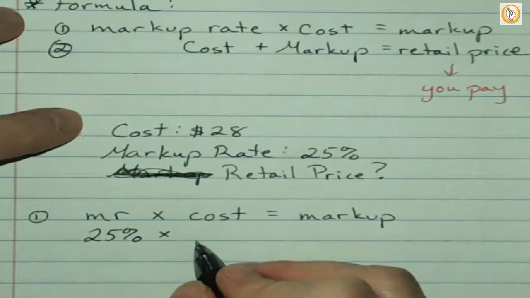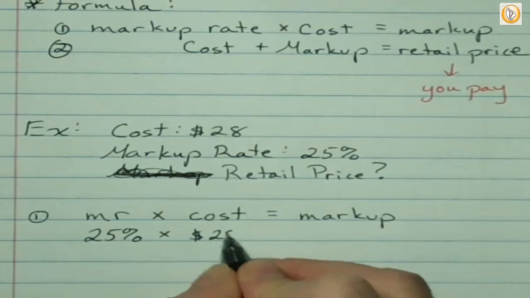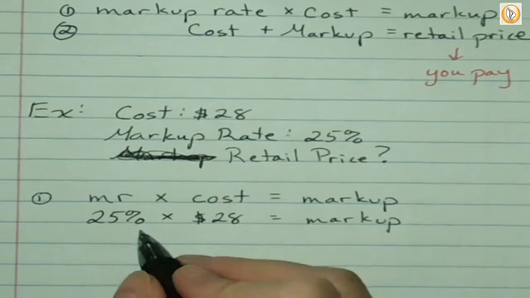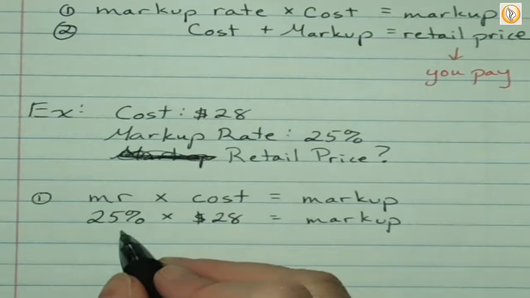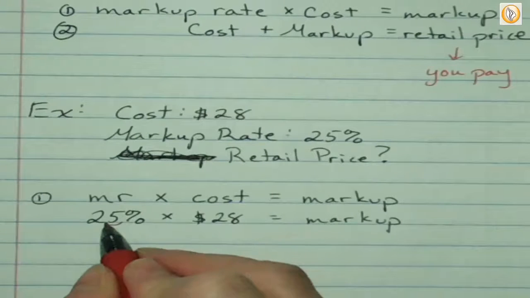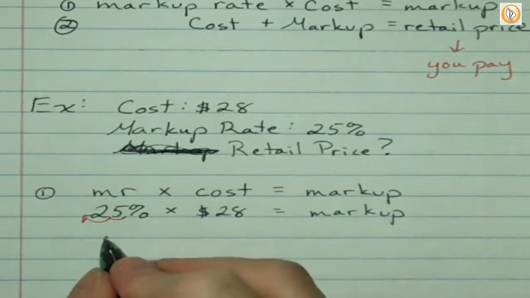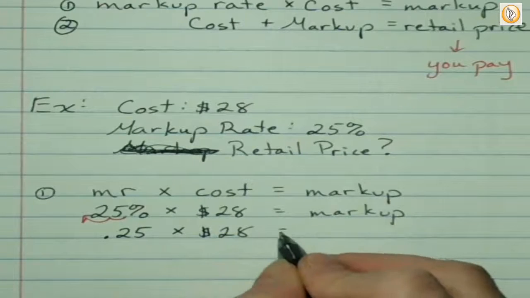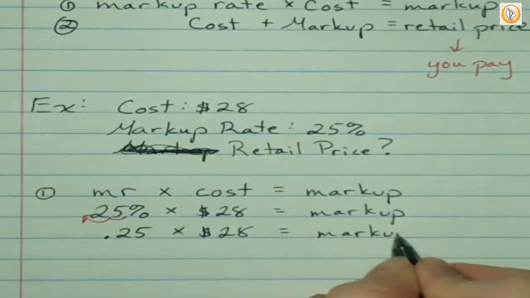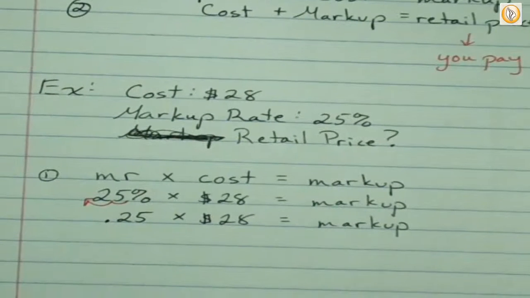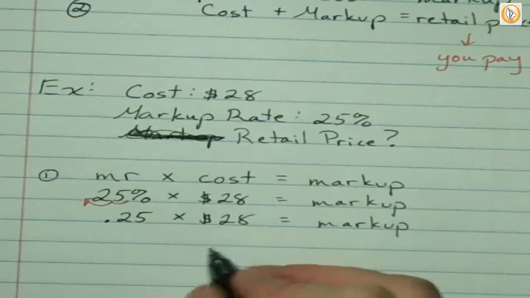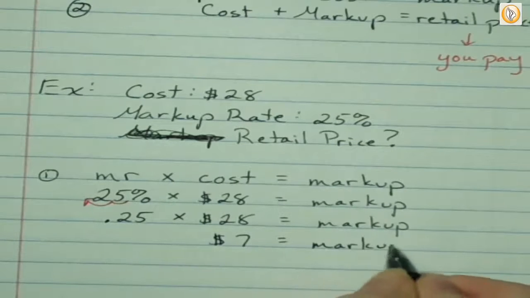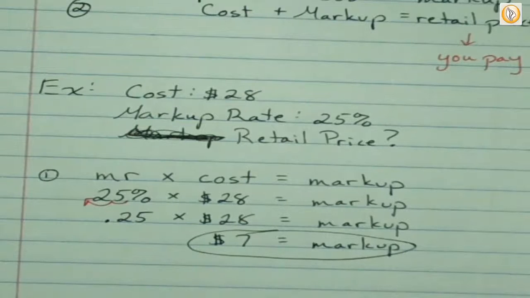And the cost is what? $28. And what do we do, Kelly, to the percent? You turn it into a decimal. So it's really 0.25, and you've got to remember that decimal. 0.25 times 28 equals markup. To save on time, 0.25 times $28 is $7. So now we have our markup.